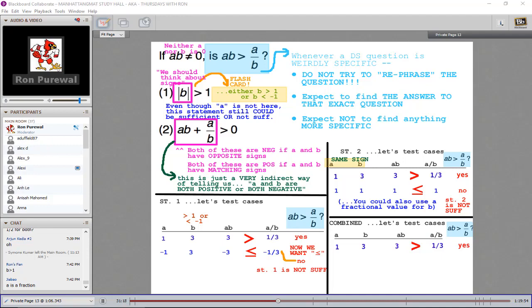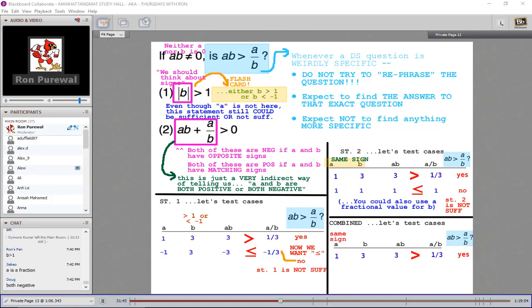Because B is not allowed to be a fraction anymore. At least it can't be a fraction less than 1, which is what people usually mean when they say fraction, because that's what statement 1 rules out. So let's write the conditions that we have to satisfy, because otherwise we have to try to remember it, and nobody wants to do that. A has to be the same sign as B, and B has to be either greater than 1 or less than -1.